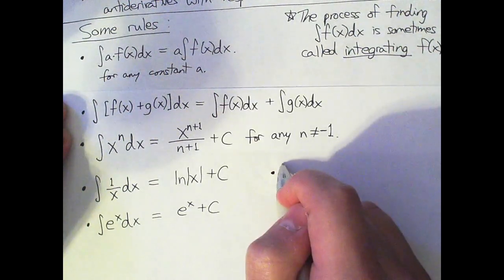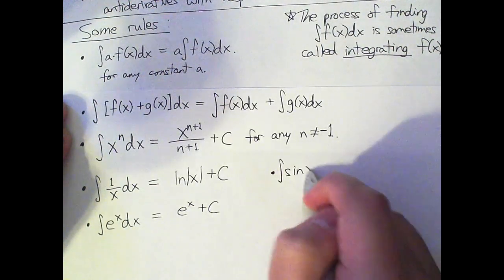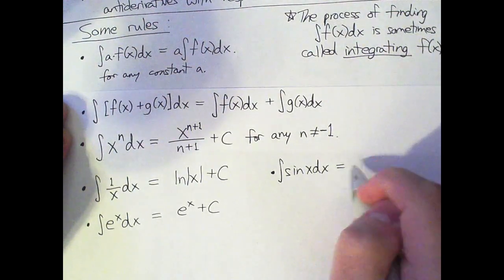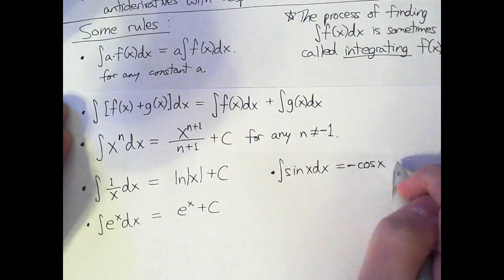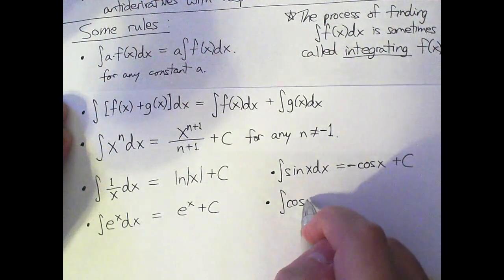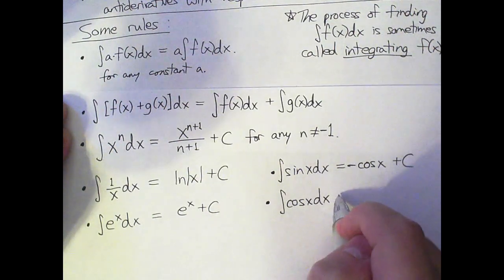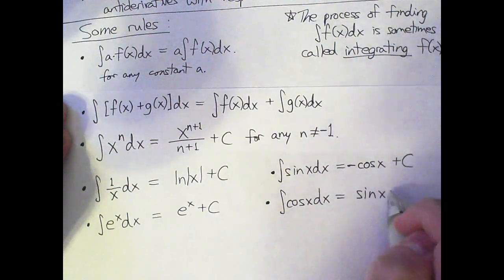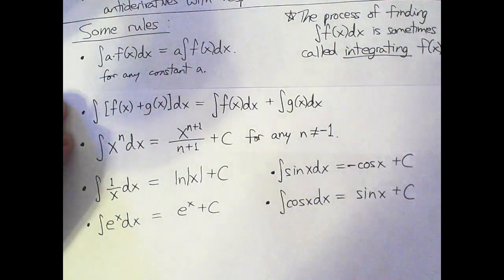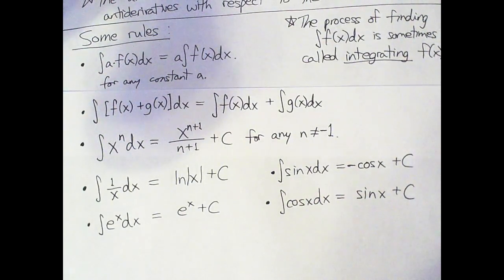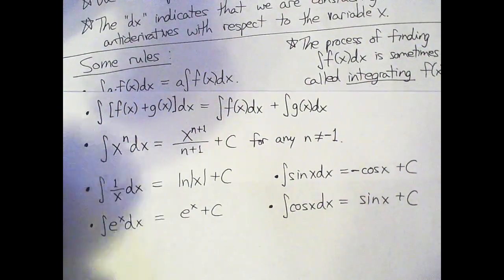Over here, how about sine x? We found negative cosine x plus c, and the rule for the indefinite integral of cosine x dx is sine x plus c. You have to be a little careful with pluses and minuses when you're talking about sine and cosine, right?